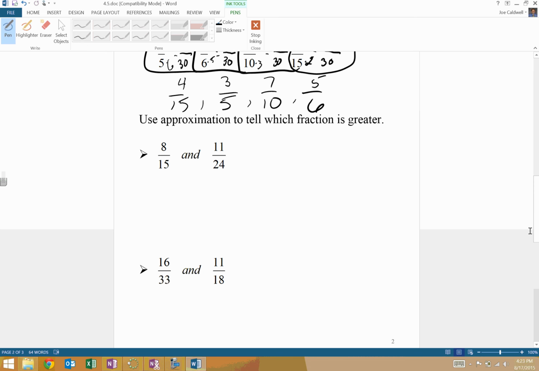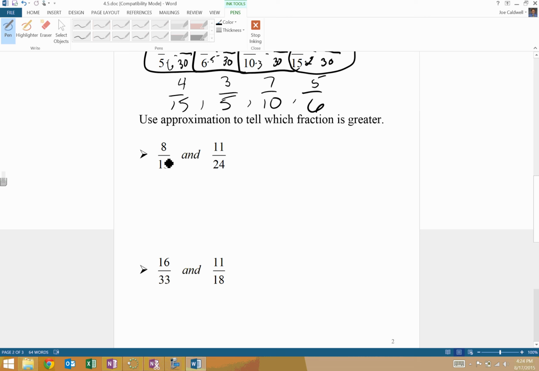Finally, we can use approximation to see which fraction is greater. Basically, you can compare it to a fraction. The easiest one to compare it to is 1/2. For example, 8/15 is 8, halfway to 15.